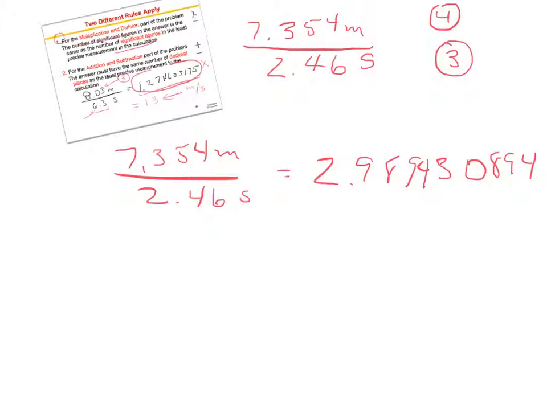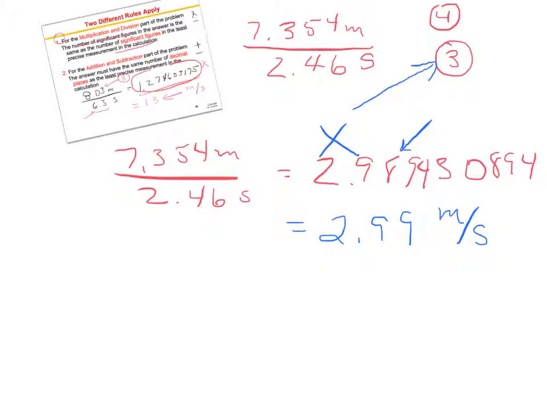And if we put this on our test or our homework as our answer, then we will definitely get counted off. Because the correct answer must have what? The same number of significant figures as the least number in the calculation. So we will see that the correct answer is 2.99, 3 significant figures, where I've rounded off the third one to be 2.99, and of course this has meters per second.